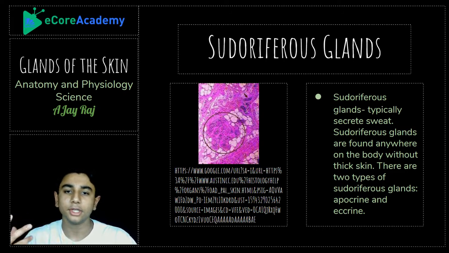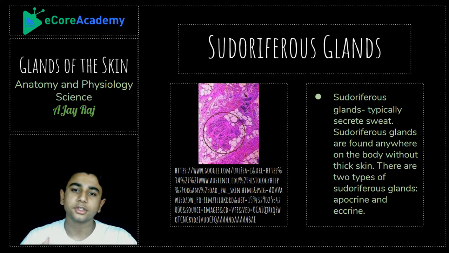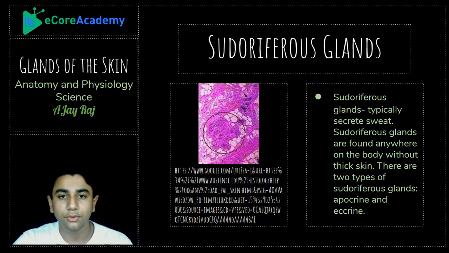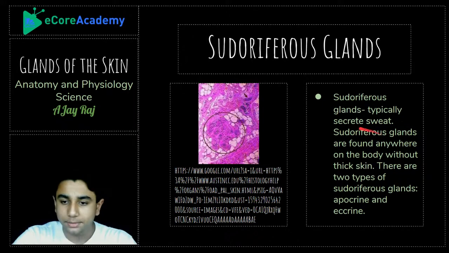If you take a shower too many times, you're actually going to remove that same layer. But also, if you're not sweating enough, or you're not secreting enough, as pseudoauriferous glands secrete sweat, you're not relieving yourself of those waste items. Pseudoauriferous glands are found anywhere on the body without thick skin, so it's only in thin skin.